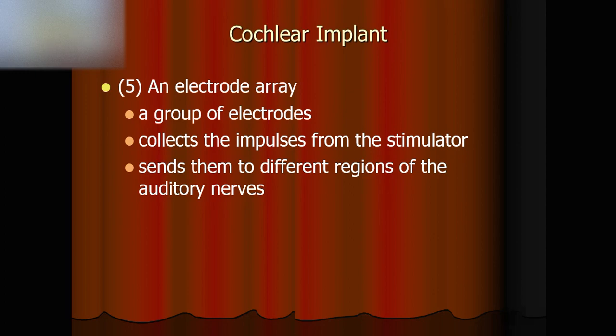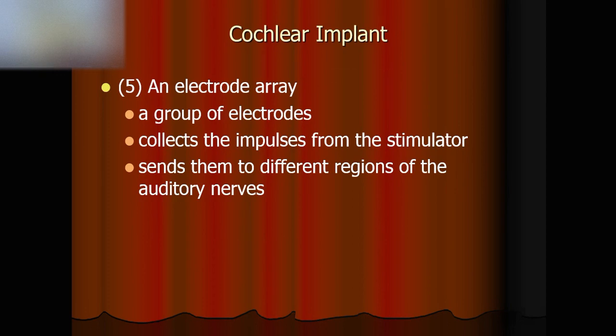Let's first give a brief description of the array. The electrode array has a group of electrodes. So assume this is the electrode array. There will be small dots. Each dot is an electrode.